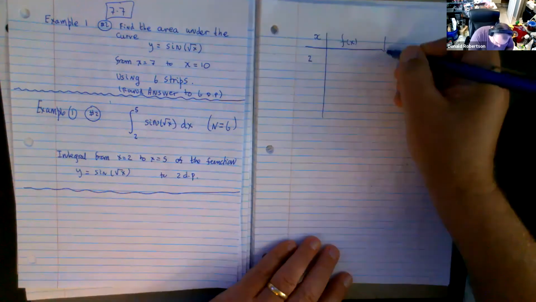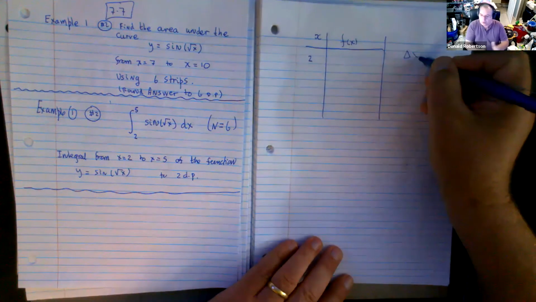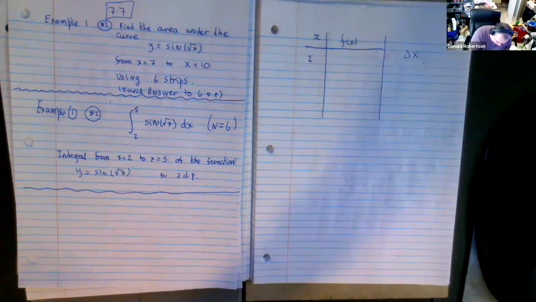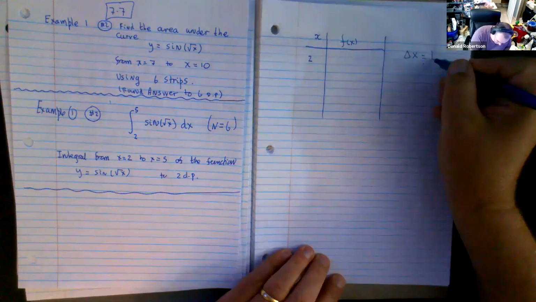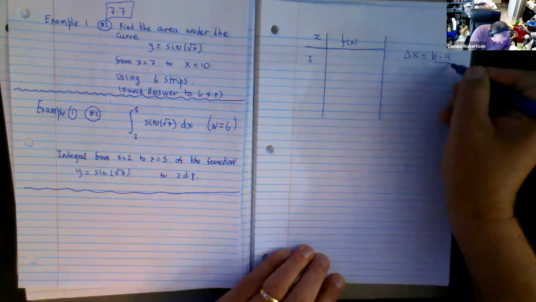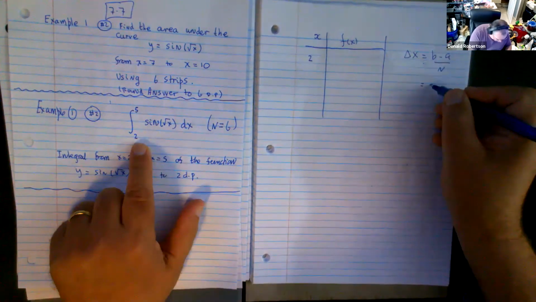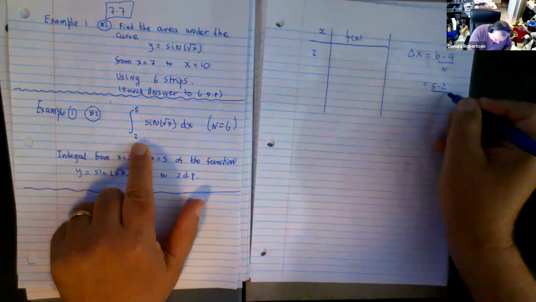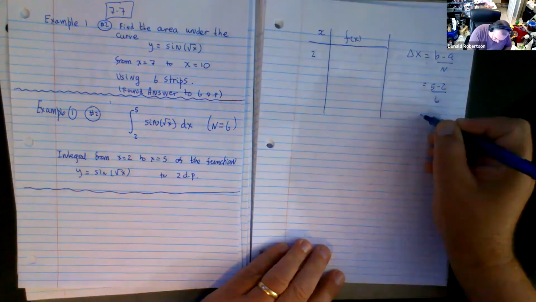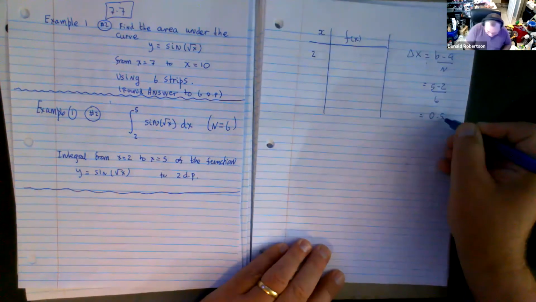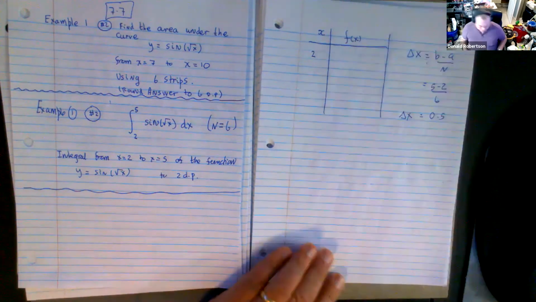And we have to calculate what width the strip is. We call that b take away a over n. In this case, it's 5 take away 2 divided by 6, and that ends up being 0.5, which is quite a common width.